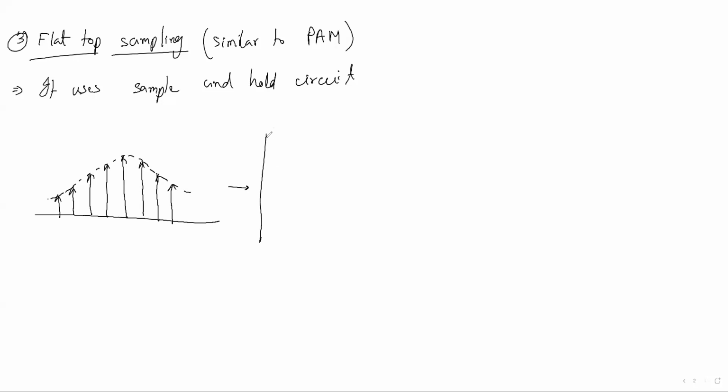Then we pass the signal through a system, S of t, from 0 to t1. You don't know the system yet because I have not explained it. In the next class, we will discuss that system. Suppose the sampled signal is passed through this system. Then what will be the output?